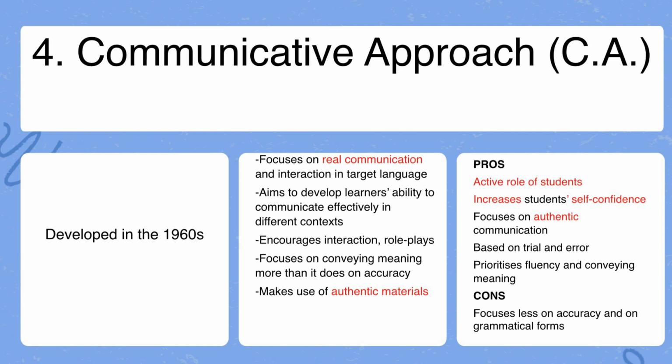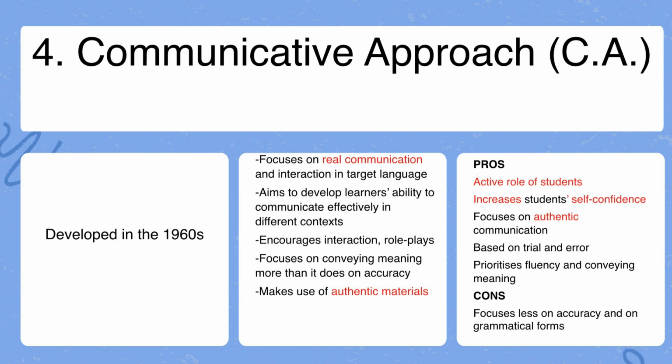Among the pros of the communicative approach, we can say that the students have an active role. It increases the student's self-confidence, it focuses on authentic communication, and it is based on trial and error.